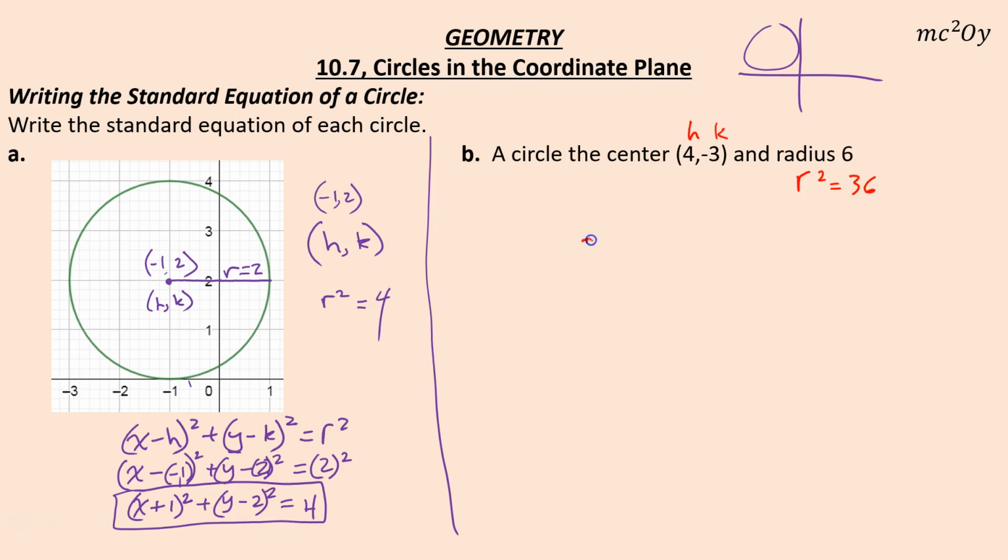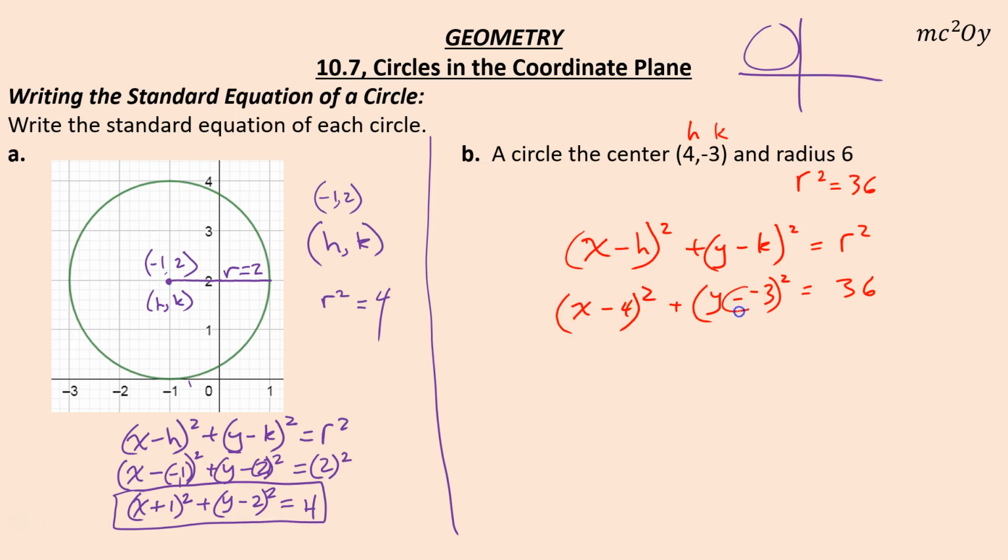Using the standard form, (x minus h) squared plus (y minus k) squared equals r squared, substitute that in. y minus negative 3, plus x minus 4. Two negatives make a positive, so it's (x minus 4) squared plus (y plus 3) squared equals 36.